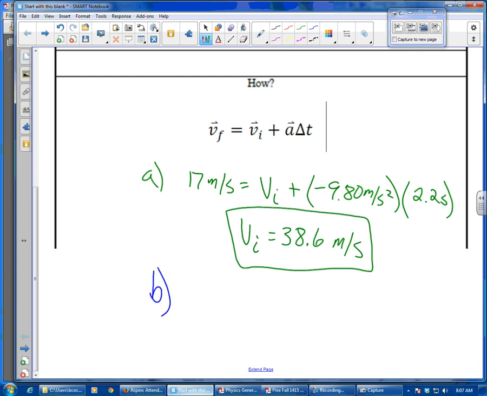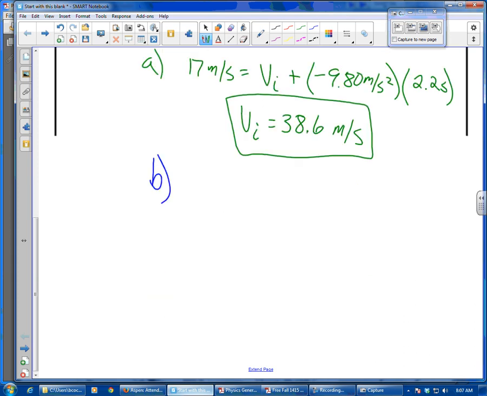Now, we could do part B either from the very beginning or how much it's changed as it's gone from 2.2 seconds to 5.1 seconds. Which way do you guys want to do it? From the very beginning or from the 2.2 second part?